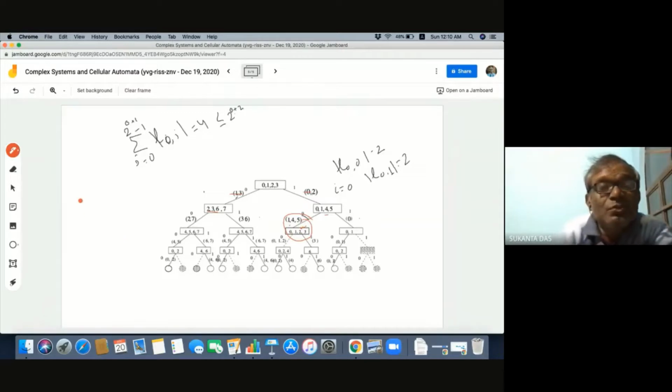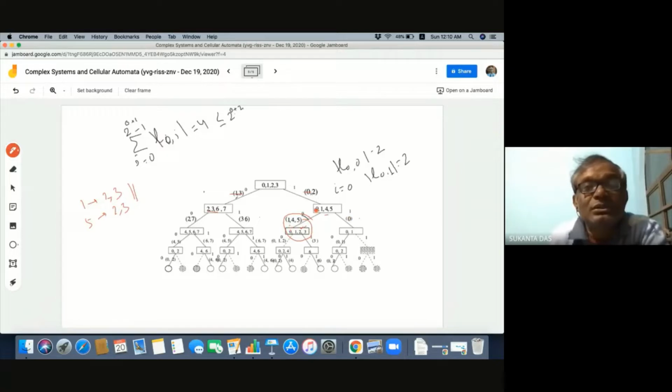Why? Because from 1 I get 2, 3, and from 5 also I get 2, 3. So it's reduced. Although the upper limit is 2 to the power i plus 2, sometimes it becomes less. So its relation is less than or equal. Here I have shown that it's 2 for i equal to 0, and it is doubled each time, so it holds for all i.